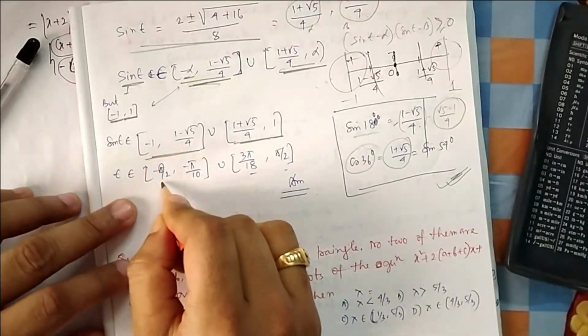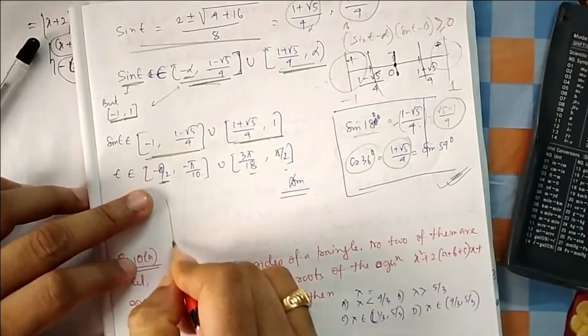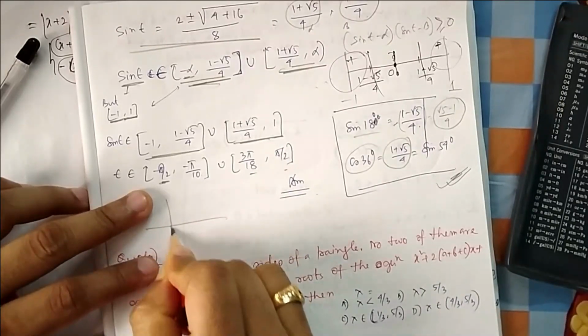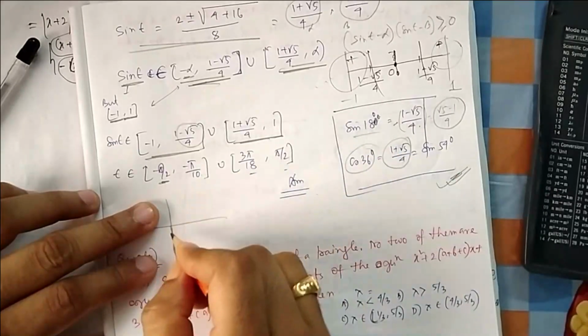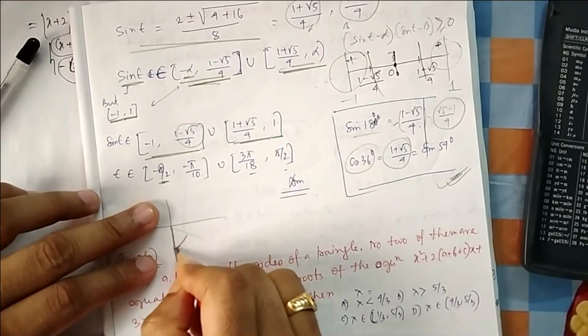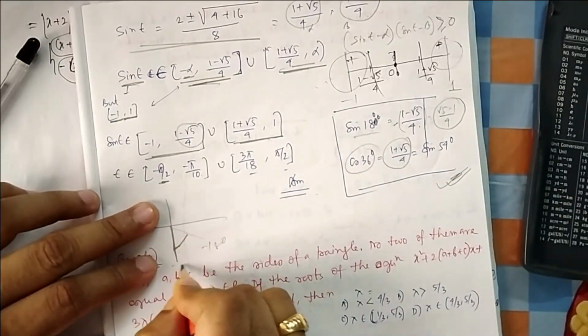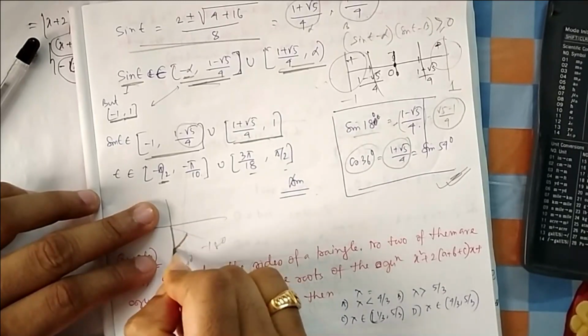Now sin inverse of minus 1 is minus pi by 2. So for minus pi by 2 you start from here, and this one is the negative of 18 degree, so it is minus 18 degree. So you can move from here to here.